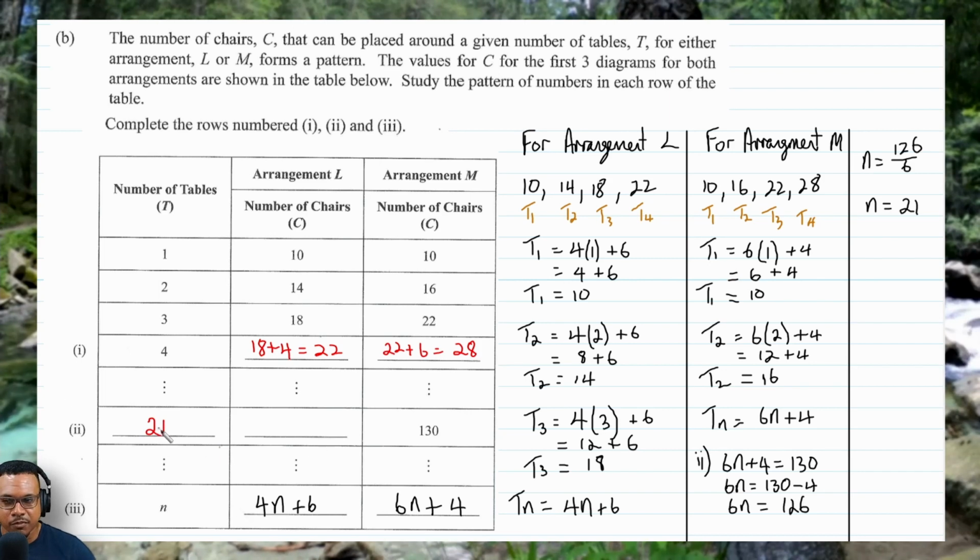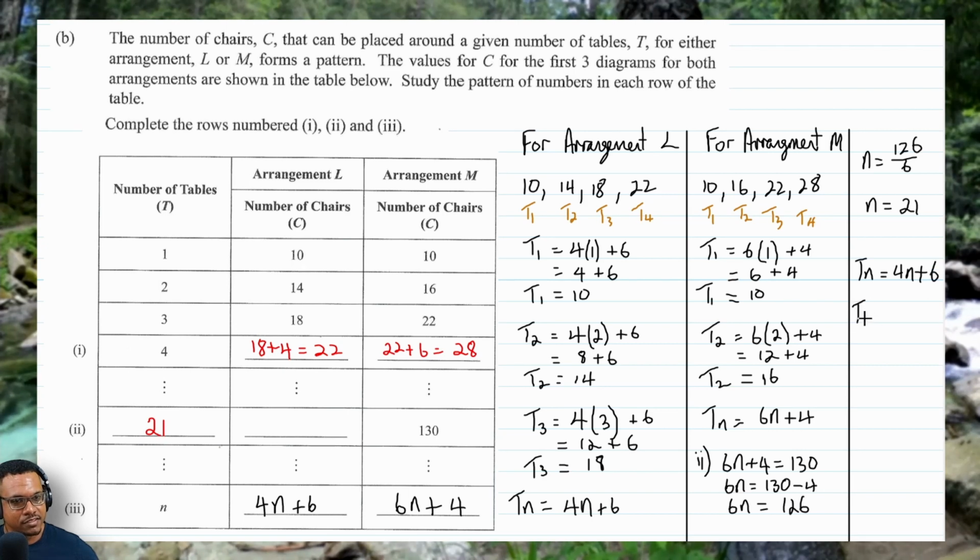So now that we know that the number of tables is 21 for the number of chairs to be 130 for arrangement M, now remember the number of tables is n in our formula. So we just have to use this formula now for arrangement L, replace the n with 21, and we get the number of chairs for arrangement L. So we have Tn, for arrangement L, is equal to 4n plus 6.